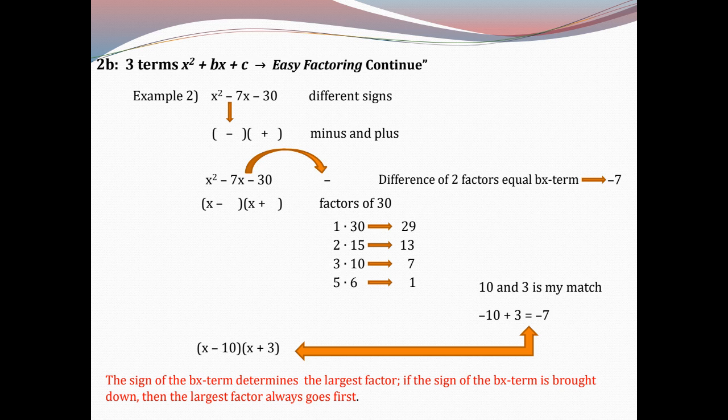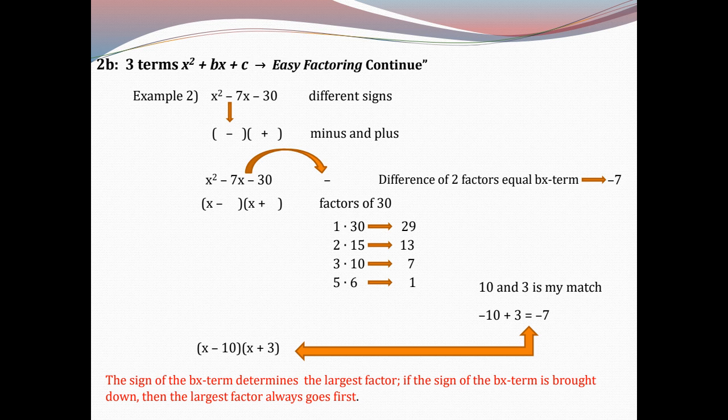So I want to look at all the factors of 30. The factors of 30 are 1 times 30, 2 times 15, 3 times 10, and 5 times 6. But which of these numbers would sum up to 7 having different signs? So if I see here, if I have 3 and 10, if I subtract 3 from 10, that's going to give me 7. But which one's going to have the negative?